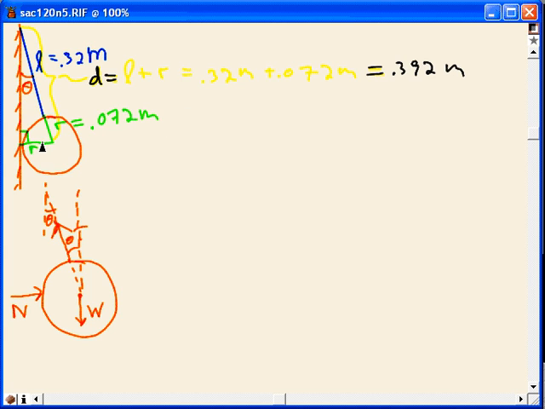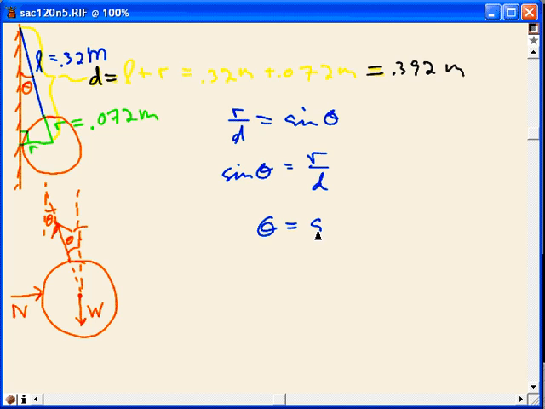So R over D, that's opposite over hypotenuse, is equal to the sine of theta. So r is equal to d sine theta. Sorry, I'm looking for theta. Let's switch sides there. Sine of theta is just r over d.